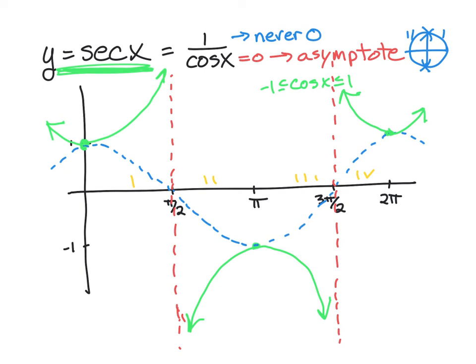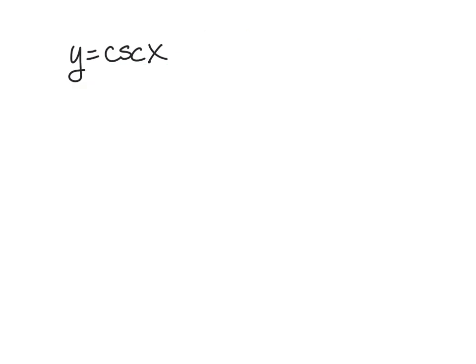All right, let's just jot one down really quickly. Okay, the cosecant is the sine on the bottom. Cheater circle.